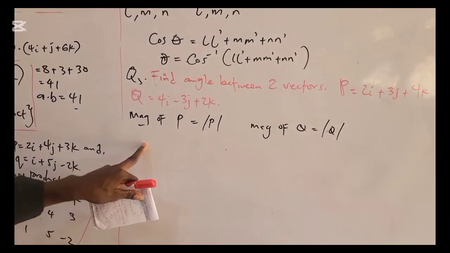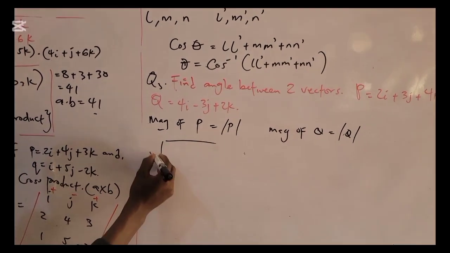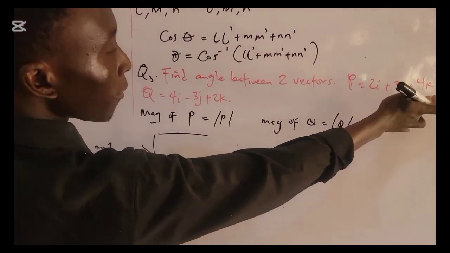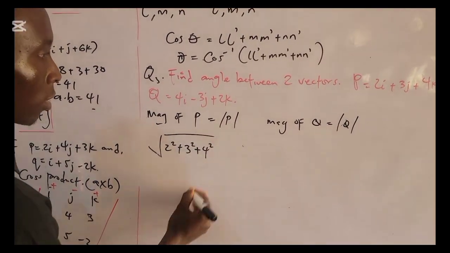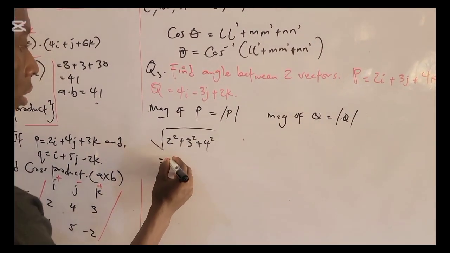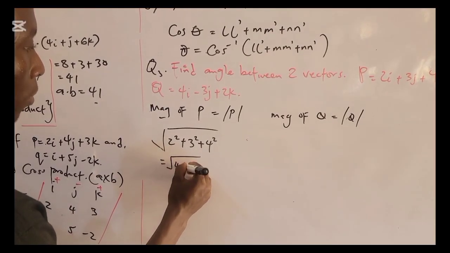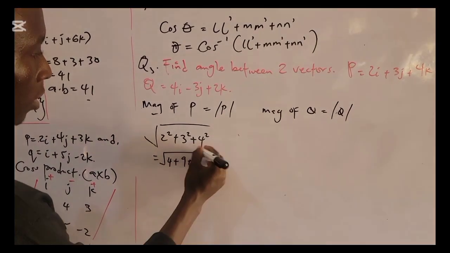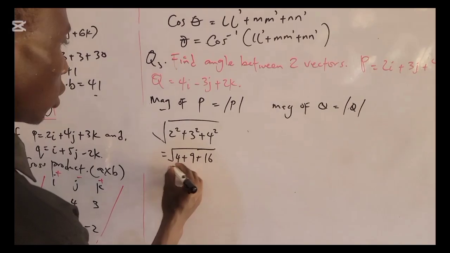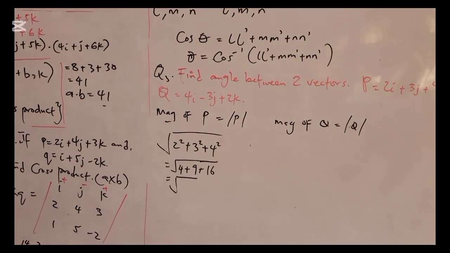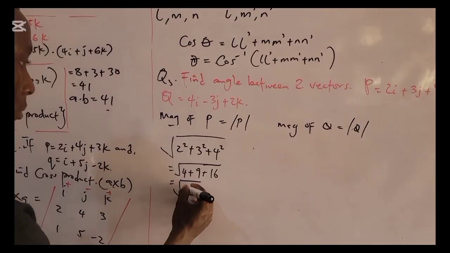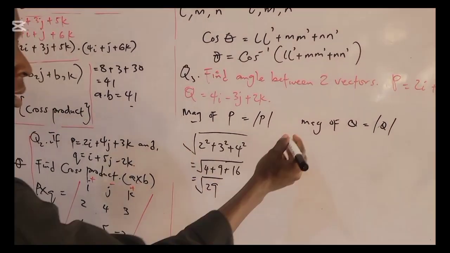Looking at P, we have 2, 3, and 4. So that will be 2 squared plus 3 squared plus 4 squared, which is 4 plus 9 plus 16. This gives us root 29.